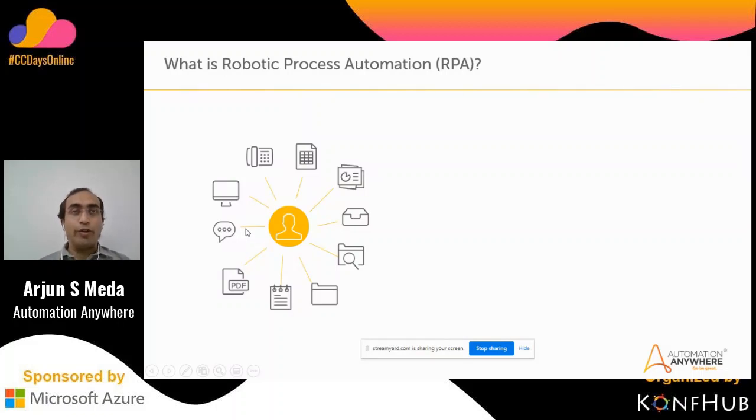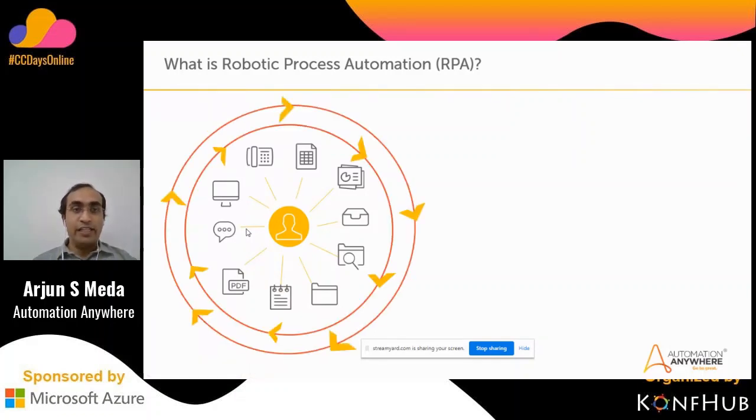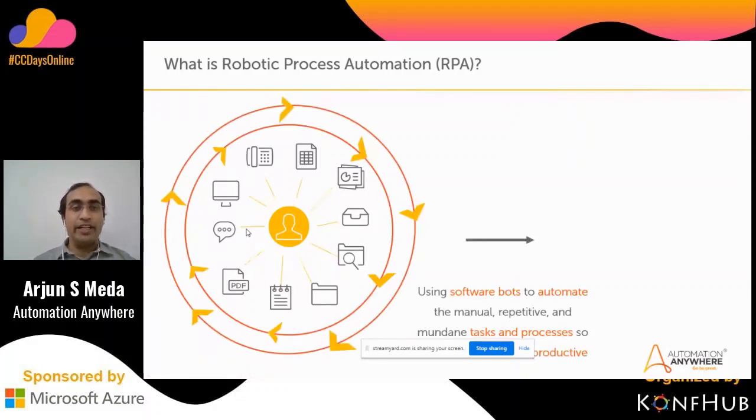But what we want to do instead is automate a lot of this work so that the repetitive and mundane tasks are handed over to the bots, while we can continue to focus on high creative value tasks.